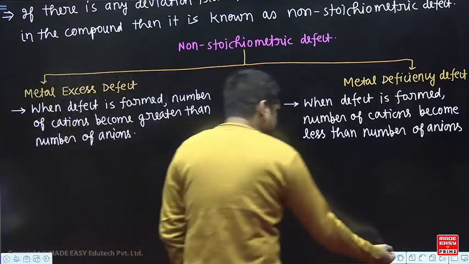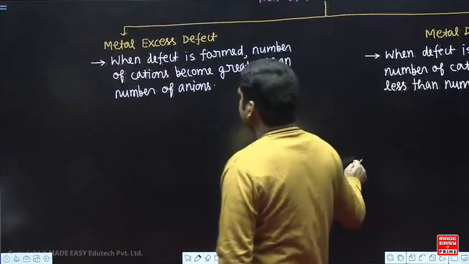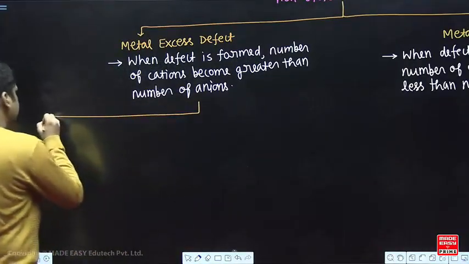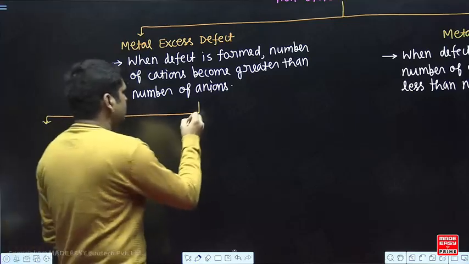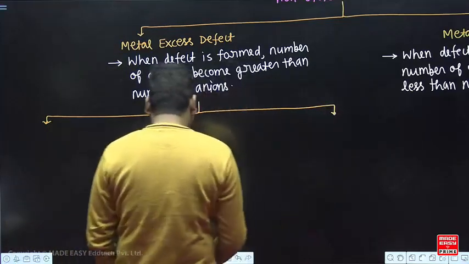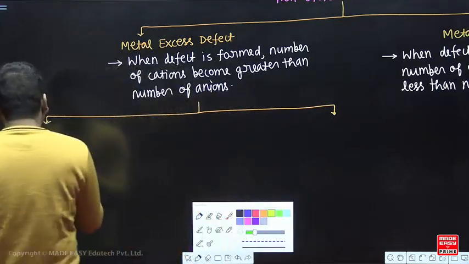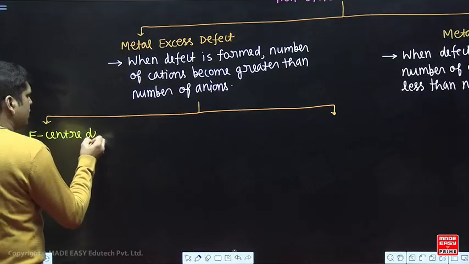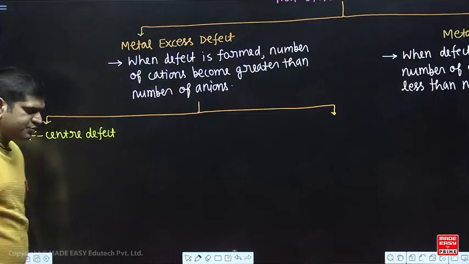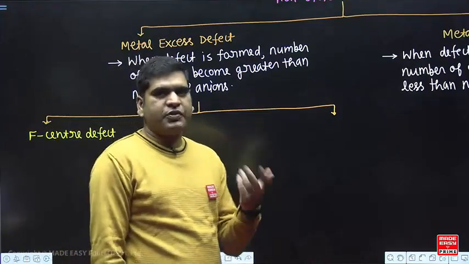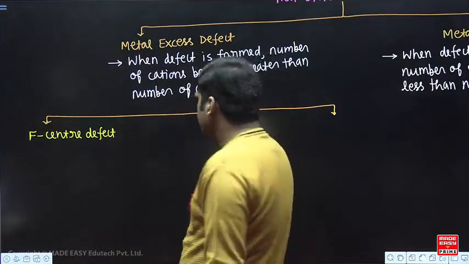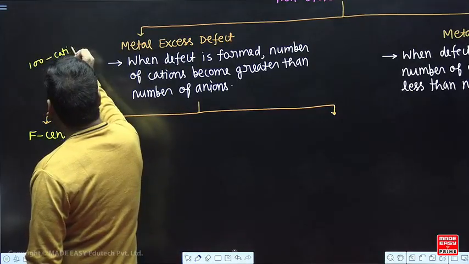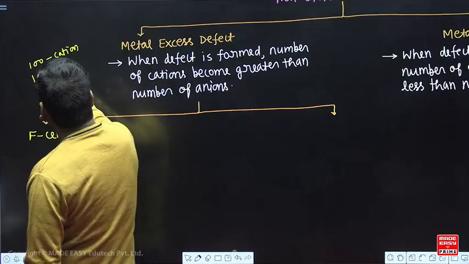Now these metal excess defects are of two types further. The first type is F center defect. Here an anion leaves its position and hence a vacancy is created. So let us suppose you were having 100 cations and 100 anions.